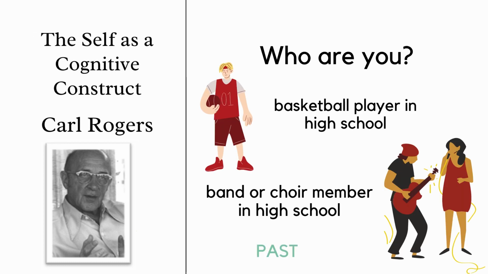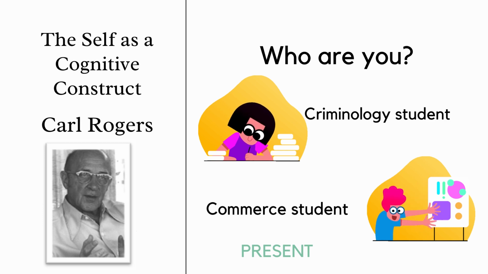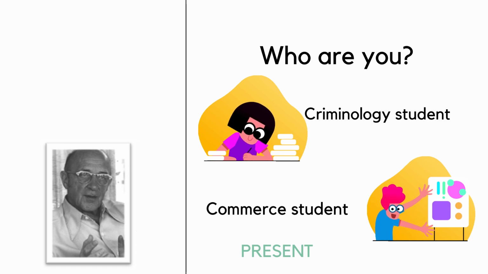So, for example, when you are asked about who you are, you can say that you were a basketball player or a band member in high school, which pertains to the past. And then you are a college student, which pertains to the present, meaning right now you are a college student.